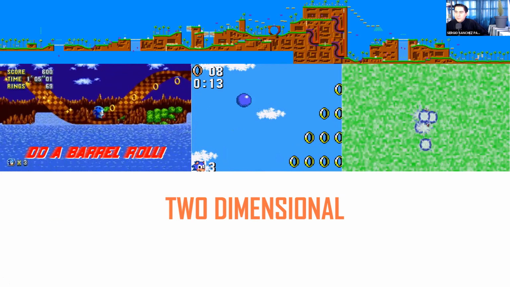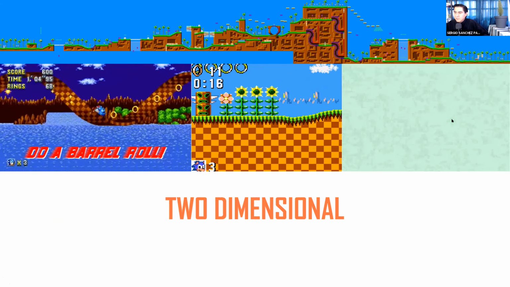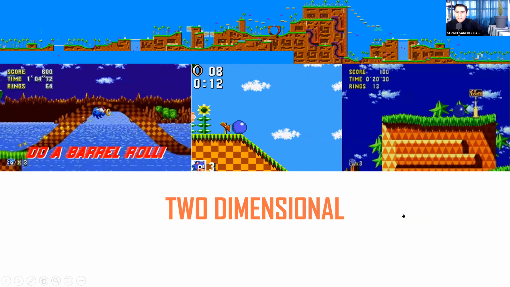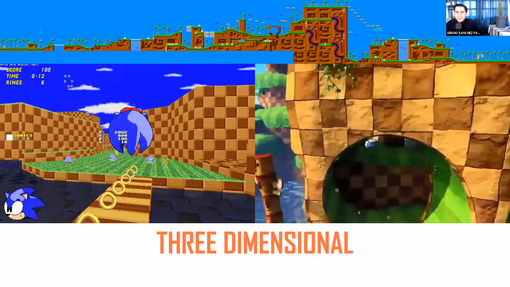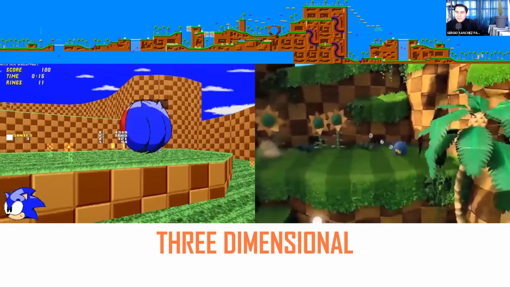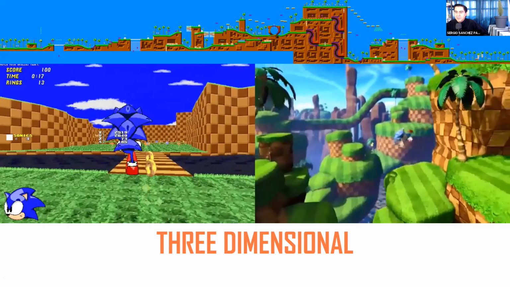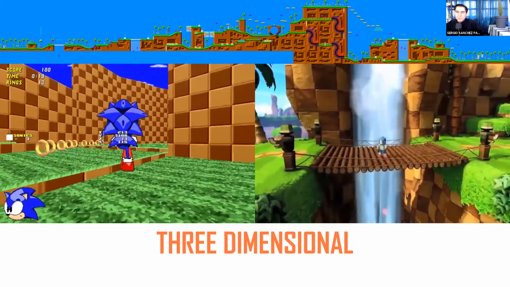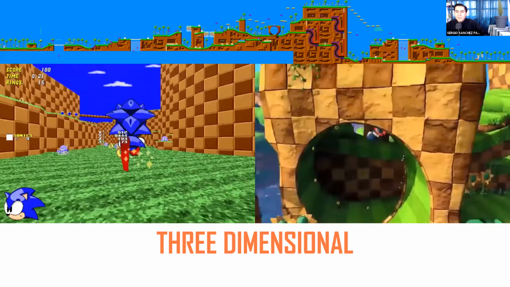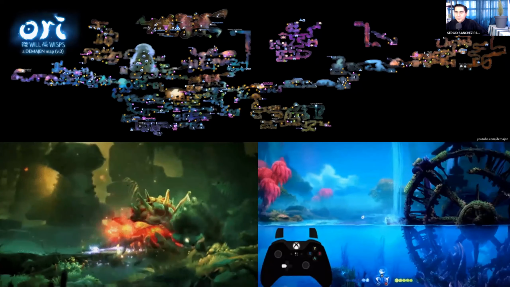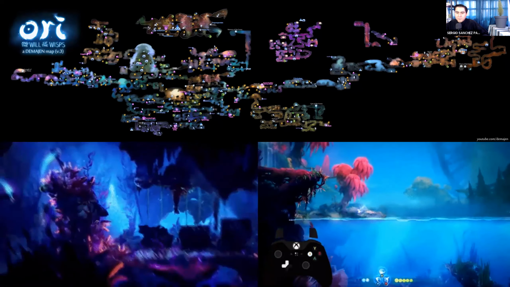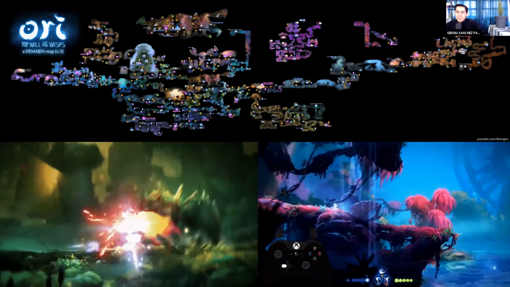These are examples of a two-dimensional perspective, but there are also versions in which you can play with a three-dimensional perspective, such as the one we're looking at right now. This is another example of another platformer. This is called Ori, and that's the map, the one that is above. And the game, once one is playing it, looks like what I'm showing you below.